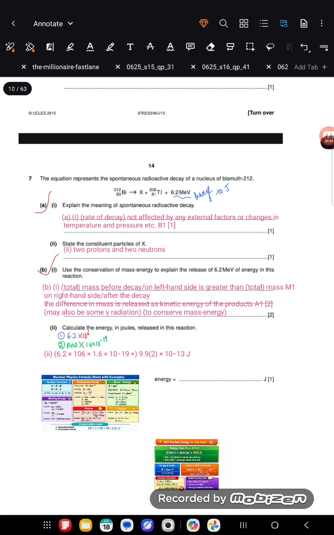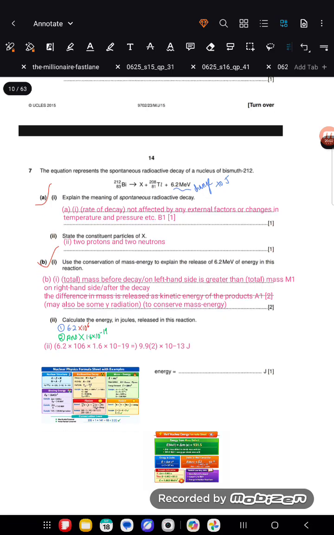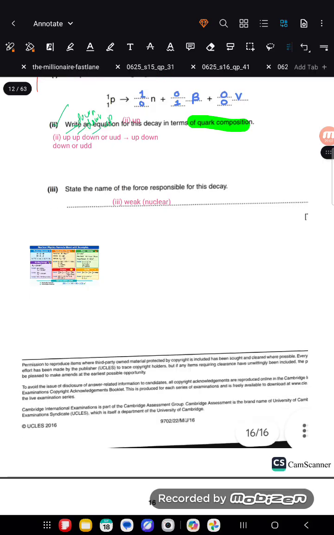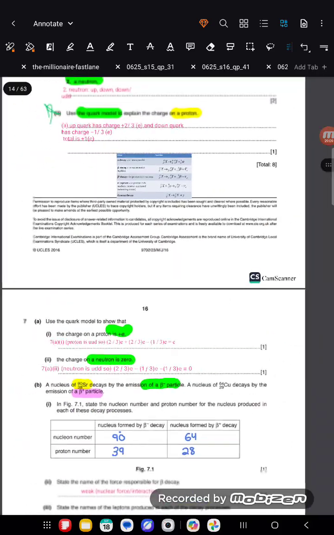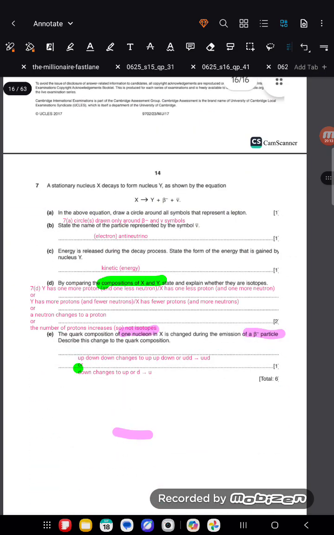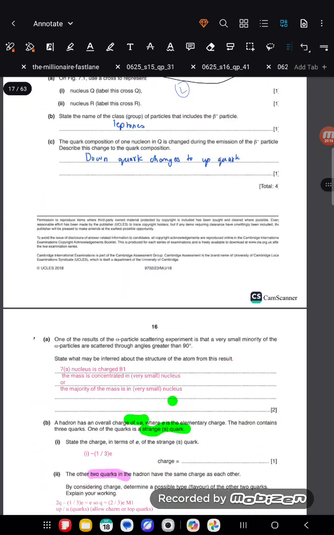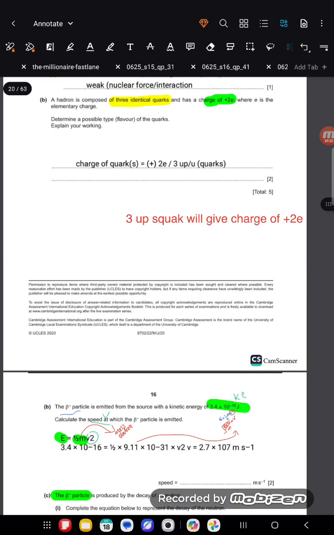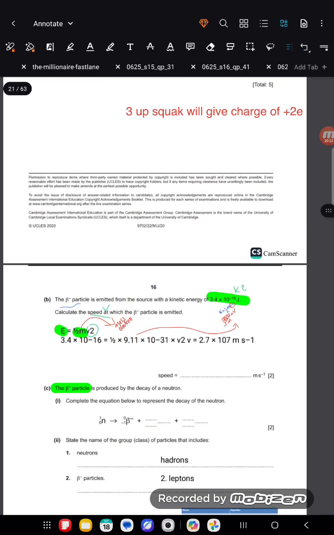Same thing, calculate the energy in joule, do this like before. 6.2 change to joule. So this is a 2 mark question.